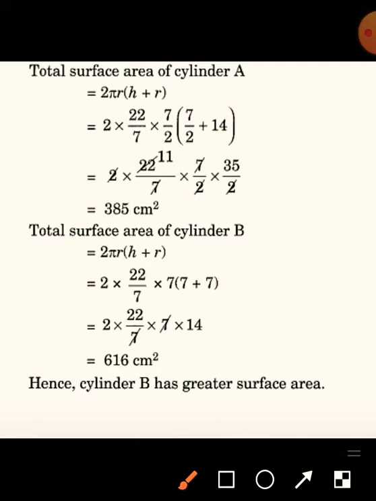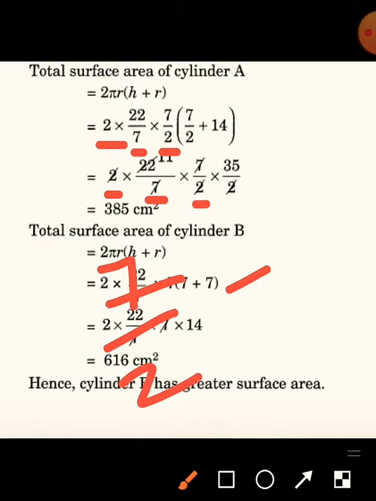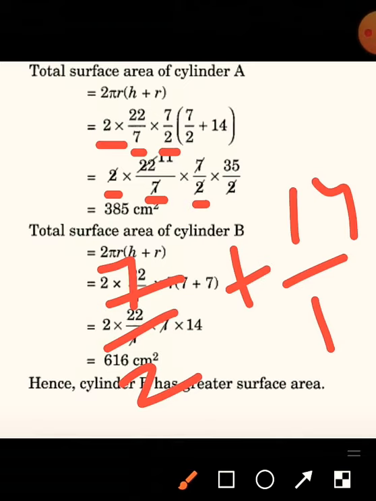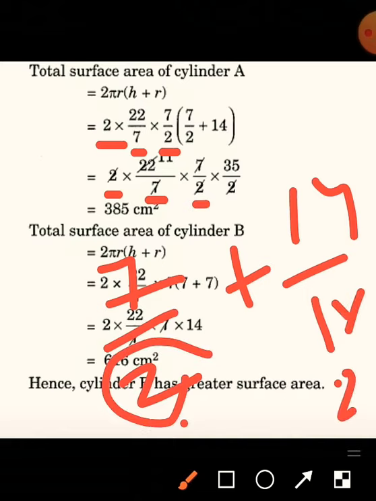Okay, so moving ahead with the solution, 2 will be as it is, 22 upon 7 as it is, this 7 upon 2 as it is. Now this 7 upon 2 plus 14 upon 1, you can write 14 as 14 upon 1. Now we will take the LCM. The LCM of 1 and 2 will be 2. Here 2 is already given, here we will multiply by 2. So both we will multiply.